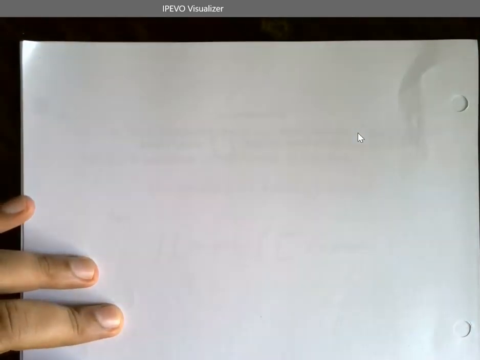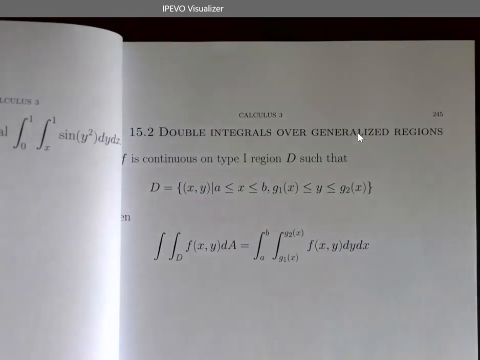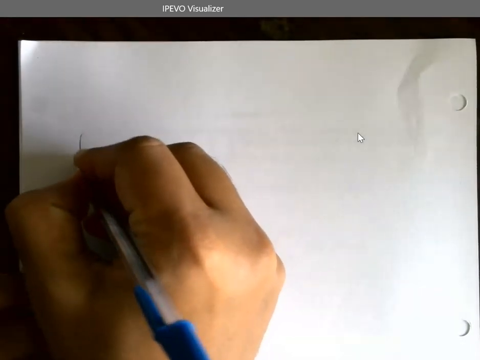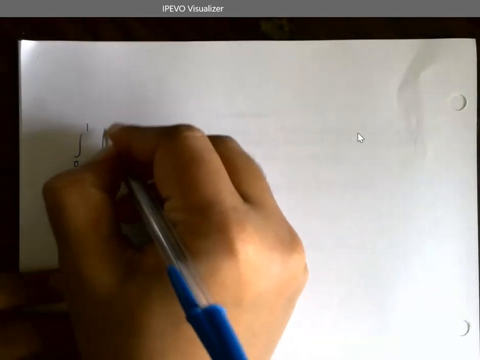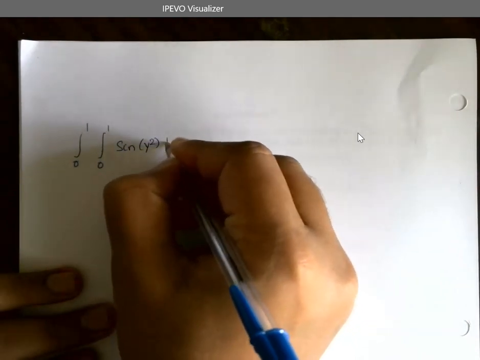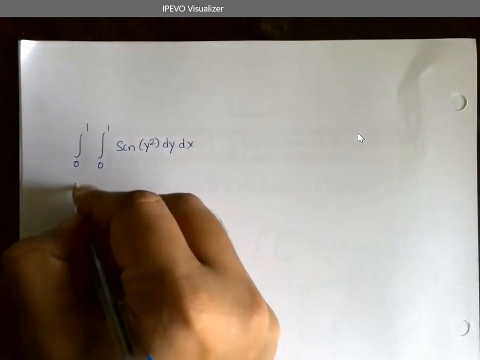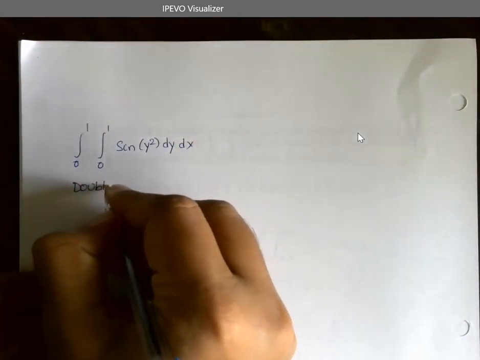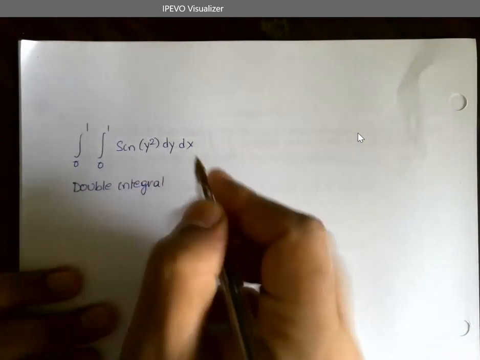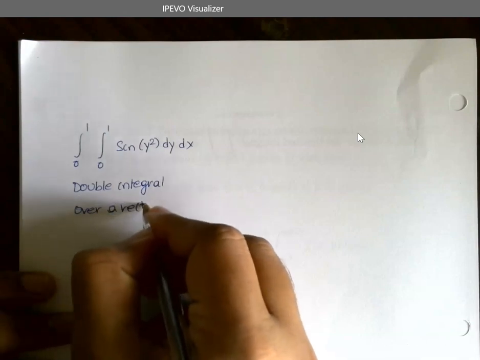For example, if we were to do the same problem in the previous section, it would have been the integral from 0 to 1, integral from 0 to 1 of sine y squared dy dx. This would have been a double integral over a rectangle.